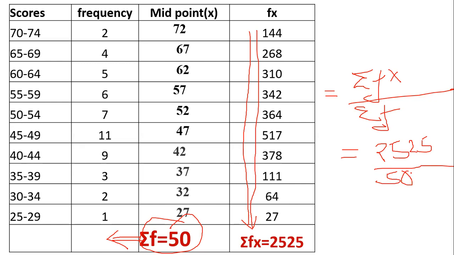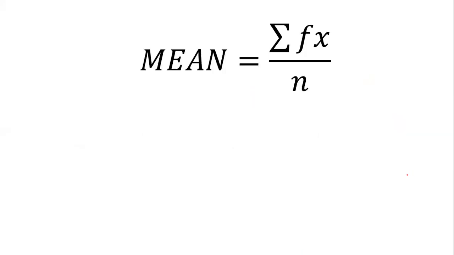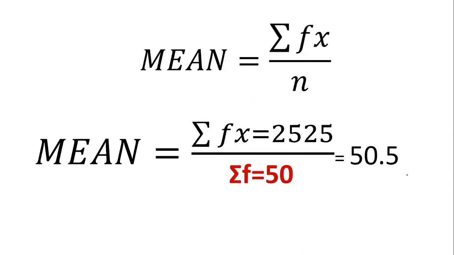As you can see, I've written it well here. Our mean, being the summation of fx over the summation of f, becomes 50.5.